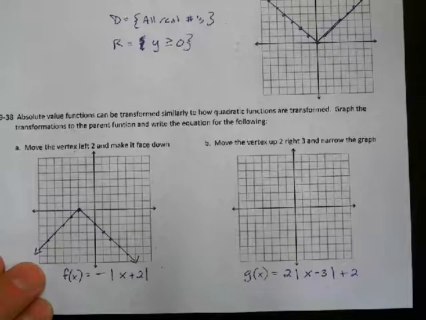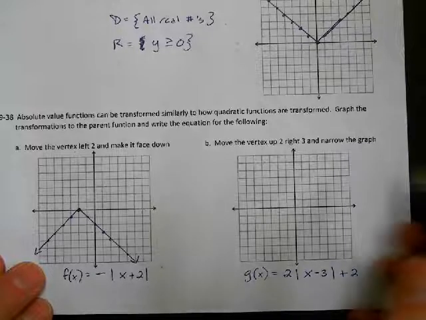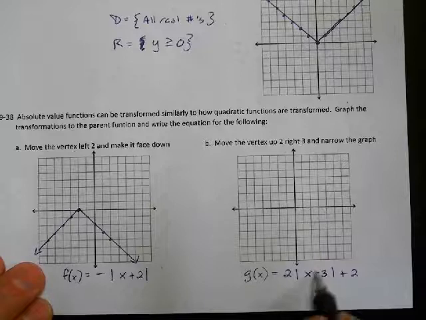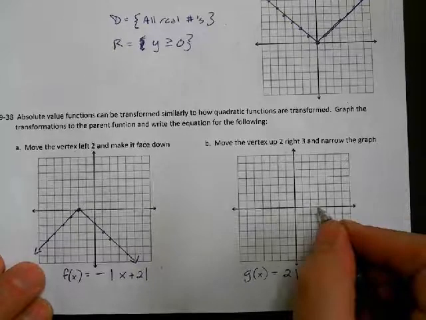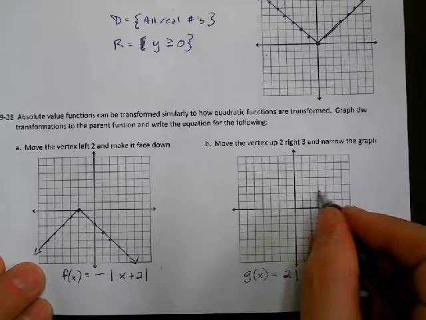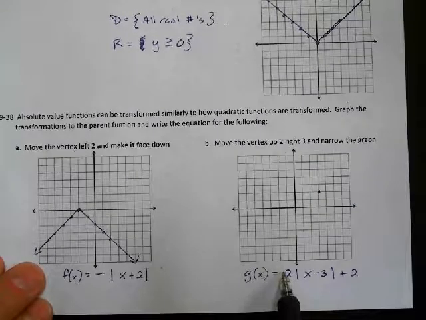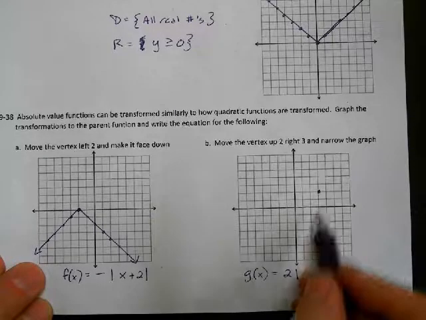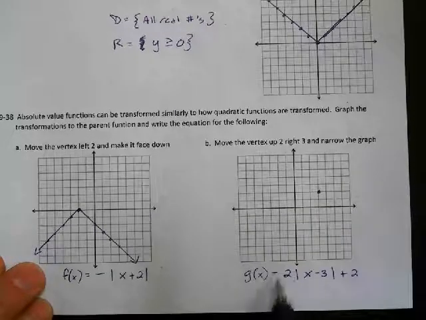All right, let's go ahead and graph it. So we went right 3, 1, 2, 3, because remember it's the opposite of this number here. So right 3 and then up 2. There we go. Now this one had a positive out here, so it's going to face up. But the 2 is going to make it be more narrow. Now this 2 actually is the slope.